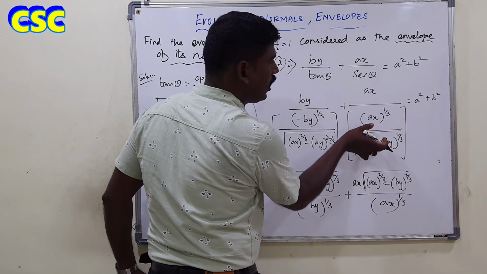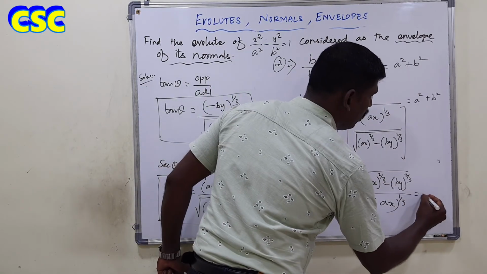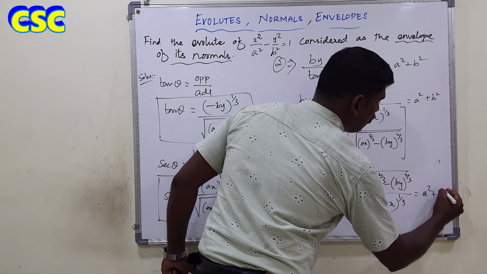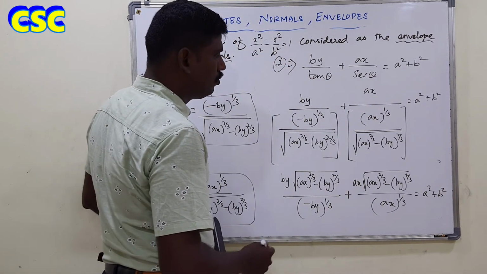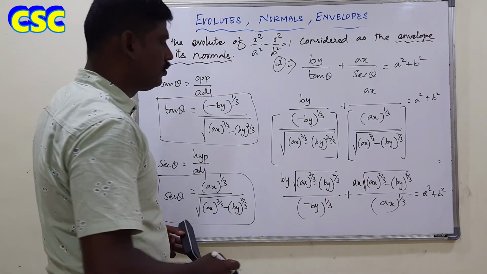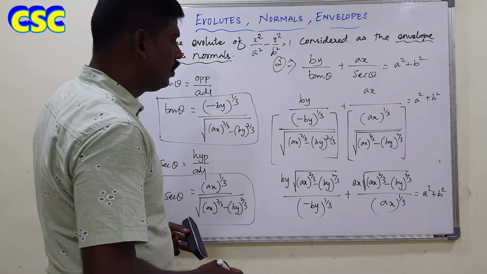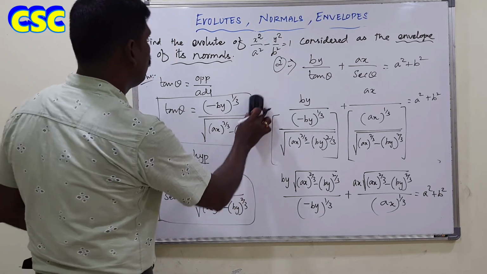This becomes the denominator, equal to a square plus b square. Now taking this as common, what will you get?